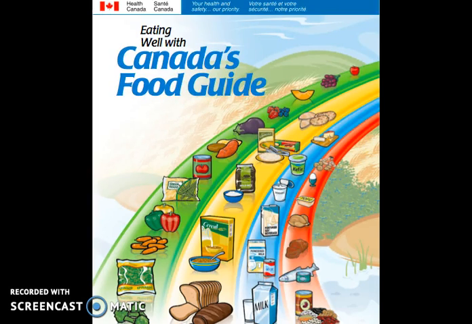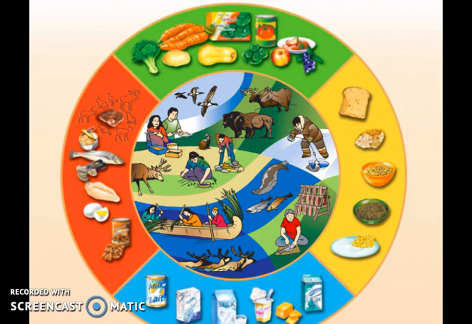You can see in the Canada Food Guide that protein is in this red rainbow, but this specific population is an Aboriginal group, so I wanted to address that there are differences between the Aboriginal food guide that they published.